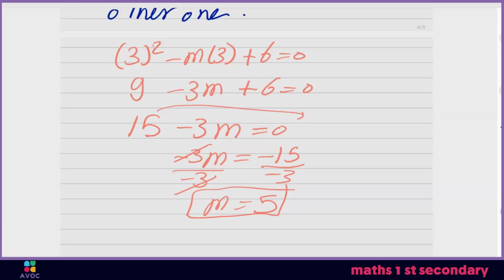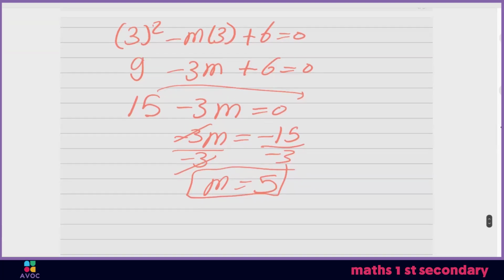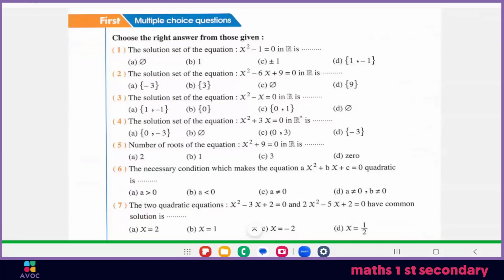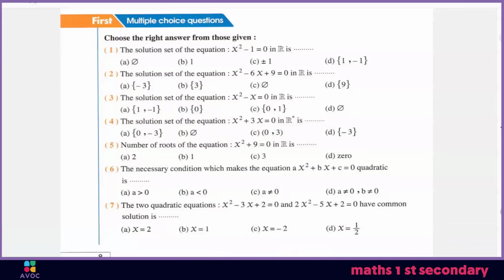Do you understand? Okay. Now we will solve some exercises about this part. Look at the first question. The solution set of the equation x power 2 minus 1 equals 0 in R is... this is the difference between two squares.